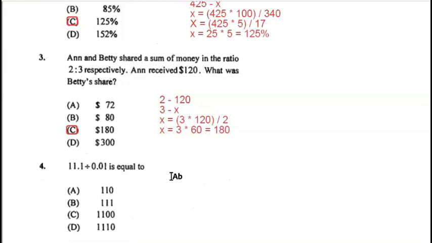So therefore we'll get 1110 divided by 1, and that will equal 1110, as any number divided by 1 is equal to itself, and that is D. So we're moving right along.